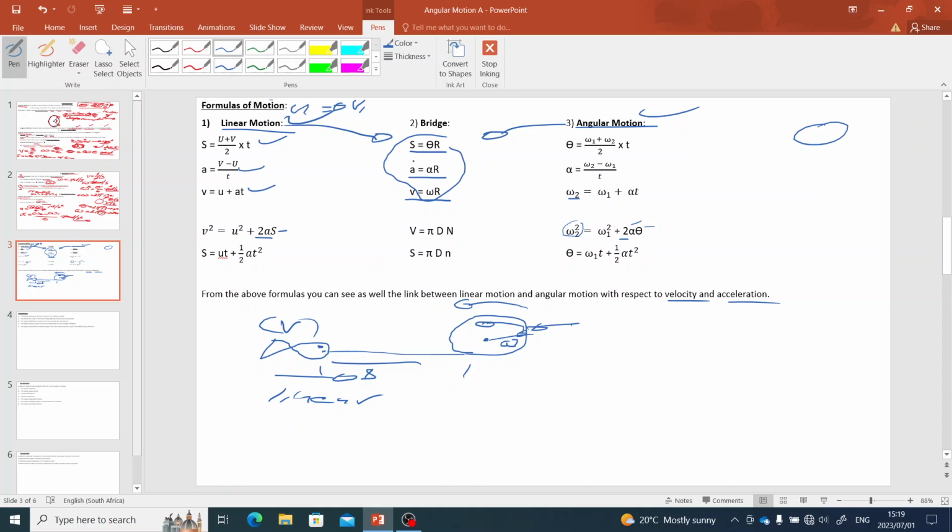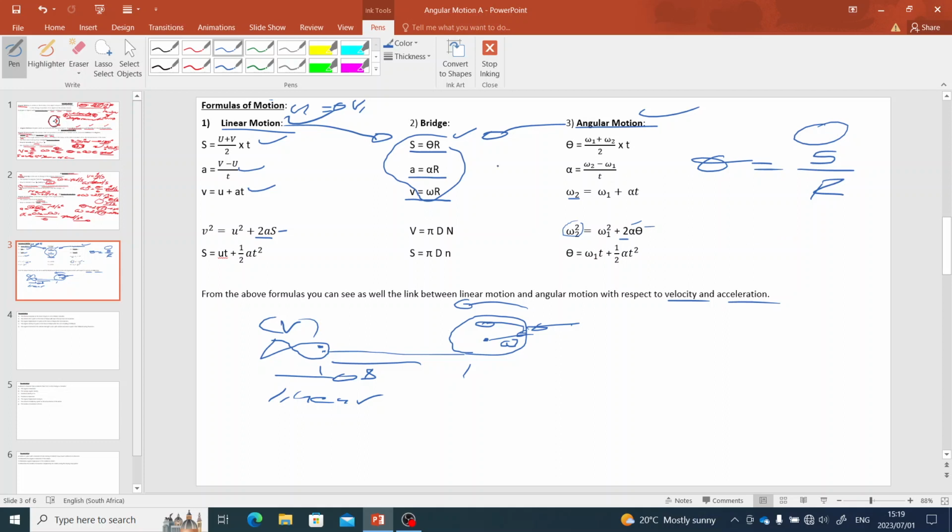If you are given the linear displacement and they want you to calculate the angular displacement, you can use this formula. That means angular displacement equals linear displacement over radius. Over what? Half of the diameter, radius.